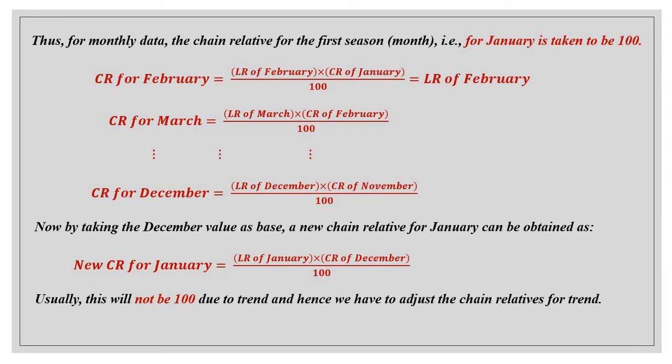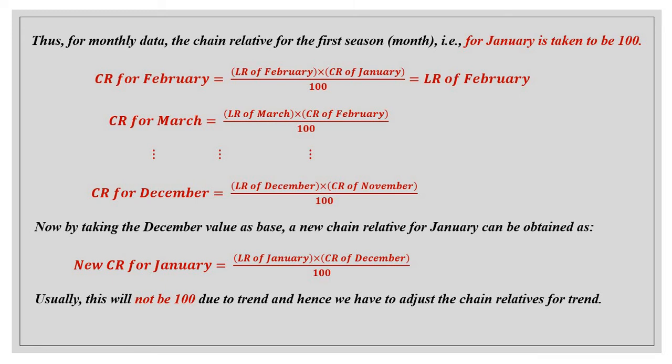Then for monthly data, the CR for the first season, that is January, is taken to be 100. Then CR for February will be equal to LR of February into CR of January divided by 100, that is, LR of February. Then CR for March will be LR for March into CR for February divided by 100, and similarly onwards.